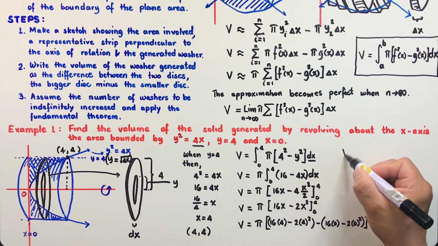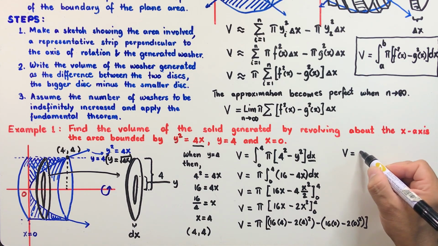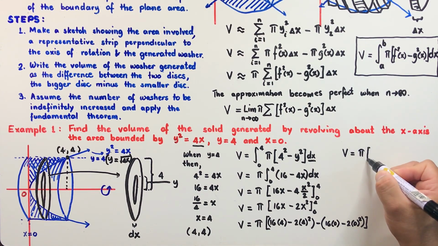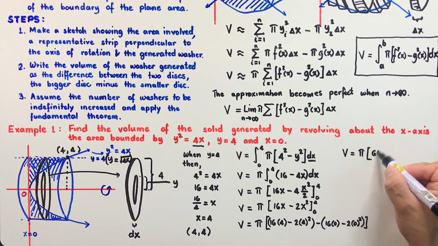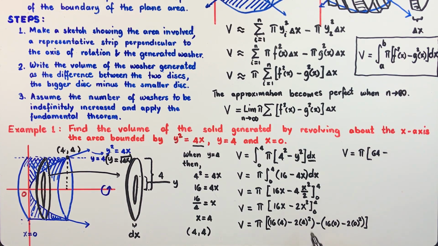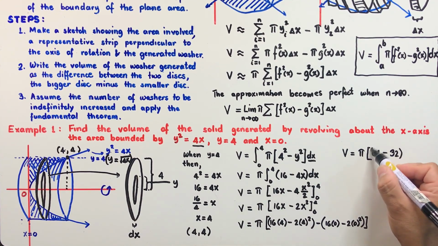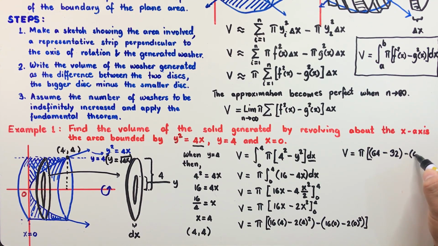So our volume is equal to pi times 16 times 4, which is 64, minus 4 squared, which is 16, times 2, which is 32. And this will be subtracted by 0 here, because we know that all of this goes to 0.